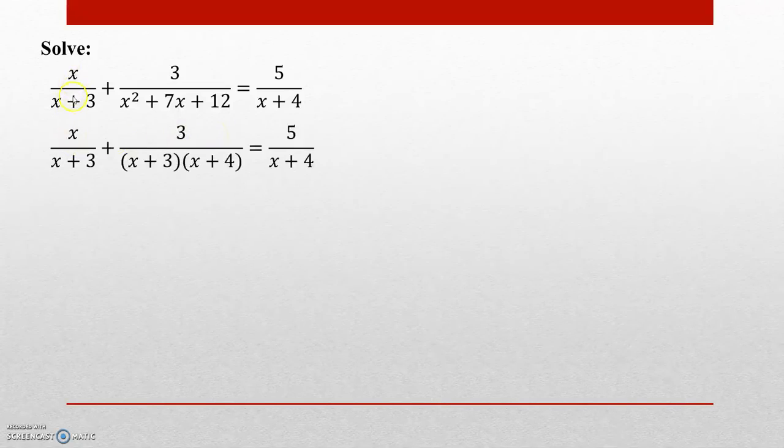I just copy this one, tsaka ito. At ito naman, factor out natin. At ito yung factors niya. Kaparehas nitong x plus 3 dito at kaparehas nitong x plus 4 dito. Sabihin, ang ating LCD ay yung mismong x plus 3 times x plus 4.